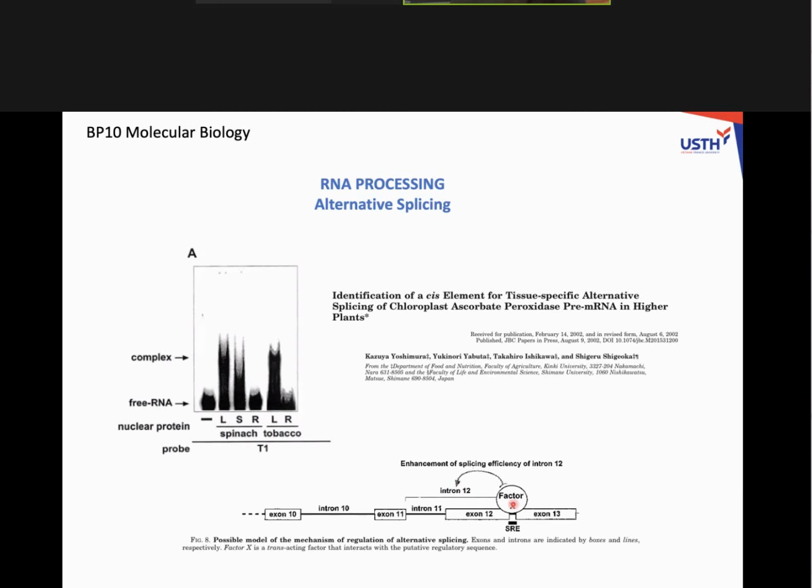Then the splicing will be exon 10, exon 11, and directly exon 13. Okay? So, if you have that in mind, what is the form of the spliced mRNA in leaves, and what is the form of the spliced RNA in roots?